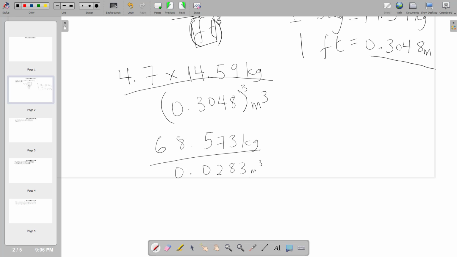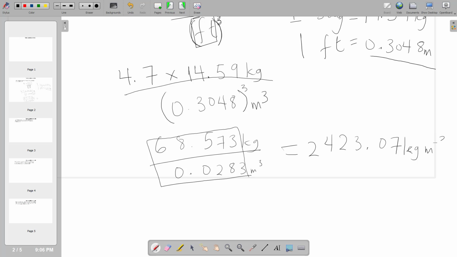We are going to simplify just the numbers and leave out the units. So this is 68.573 divided by 0.0283, and that gives us 2423.07, with the unit kilogram per meter cube, or kilogram per cubic meter.